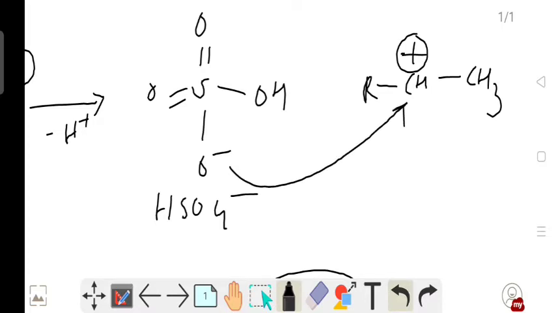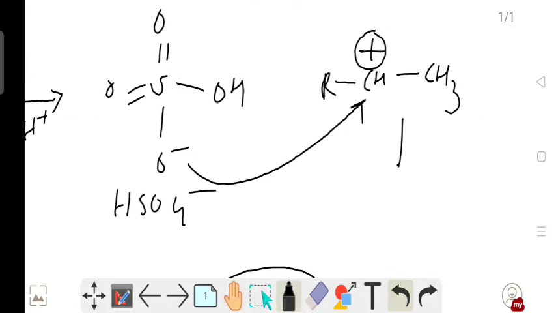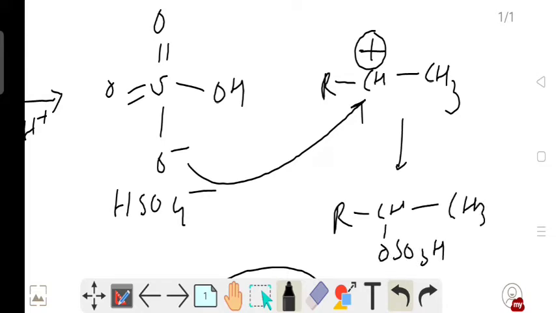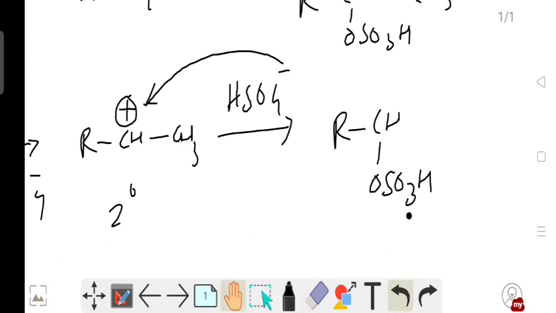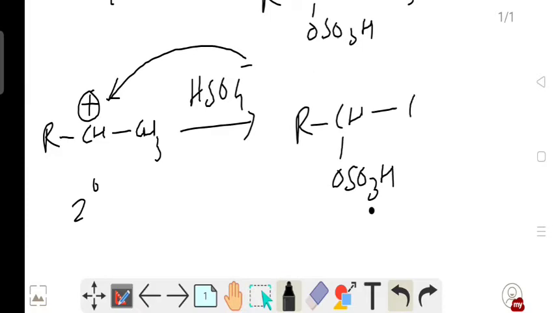That means the actual product is R CH OSO3H, and there is CH3. So after addition of H2SO4, this product forms. This is the addition of sulfuric acid to an unsymmetrical alkene.